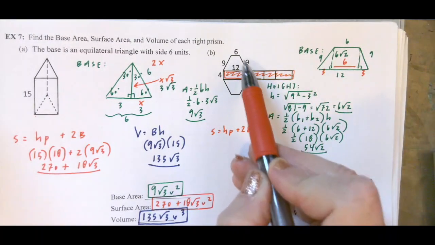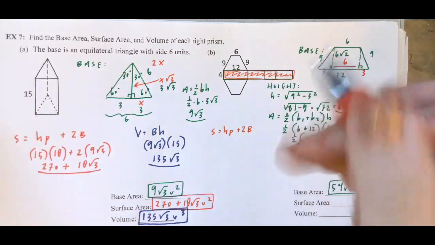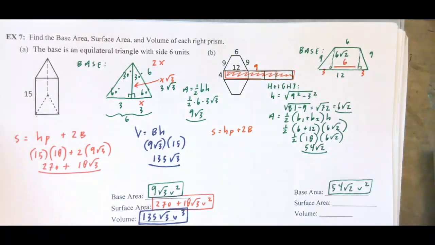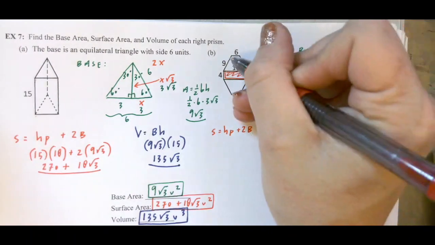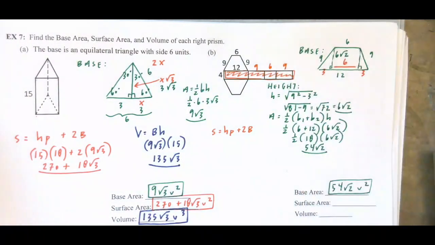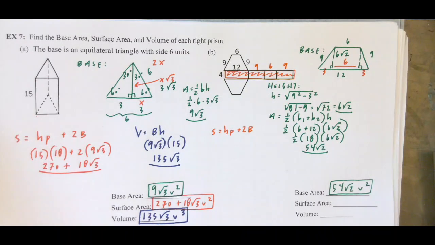So it's seeing that right here, that side of 9 connects right there. Here 6 right there, and then here the other 9. So again, picture your bases as two flaps that fold down, and all of those lateral faces fold around it to make it go 3D.